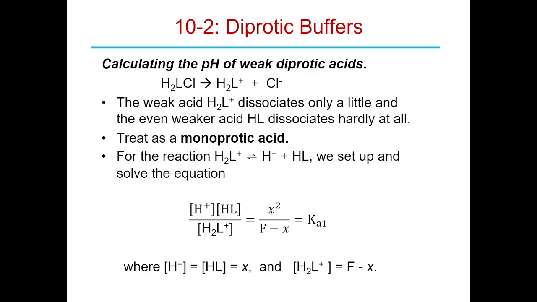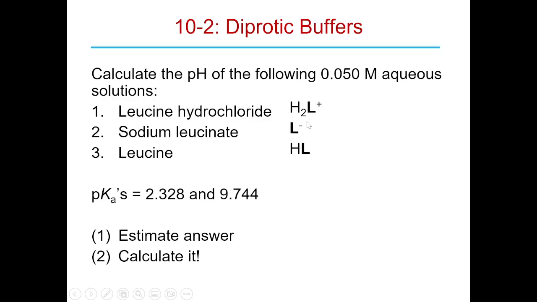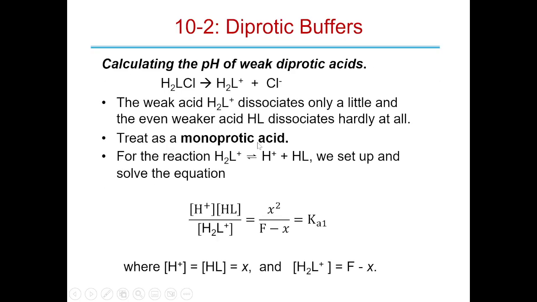So your weak acid, H2L+, is going to dissociate only a little, and an even weaker acid, HL, will dissociate hardly at all. This here we know is a factor of 10 million difference, right? So there'll be 10 million times less of the HL dissociating than there is H2L. It's not going to change your number, is it?